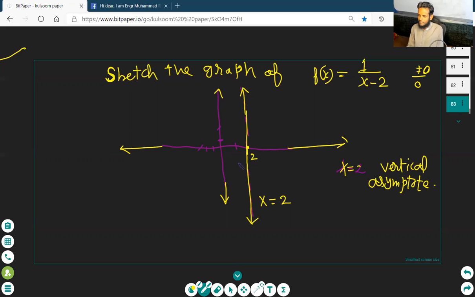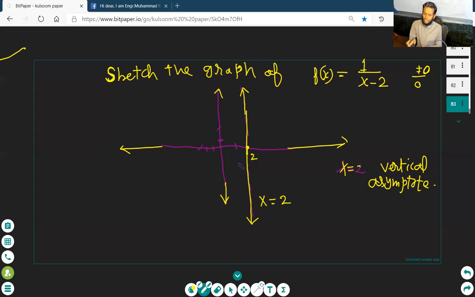Okay, draw the graph. Put some values before the 2 and some values after the 2. Then you can get the idea about the graph, okay? Clear or not clear? There will be 2 parts. Our graph is a rational function and it is in fractional form. So asymptotes divide this graph into two parts.